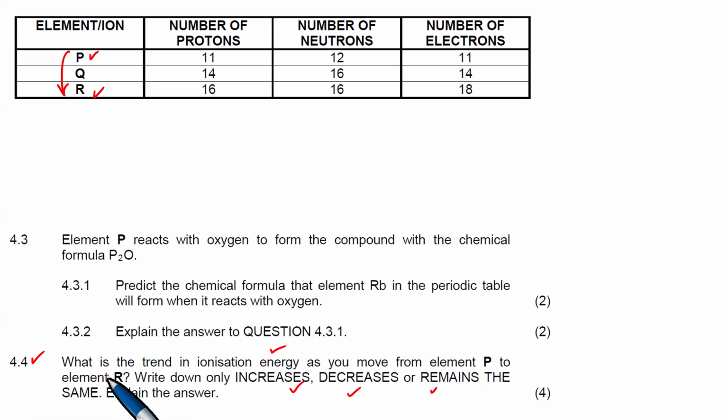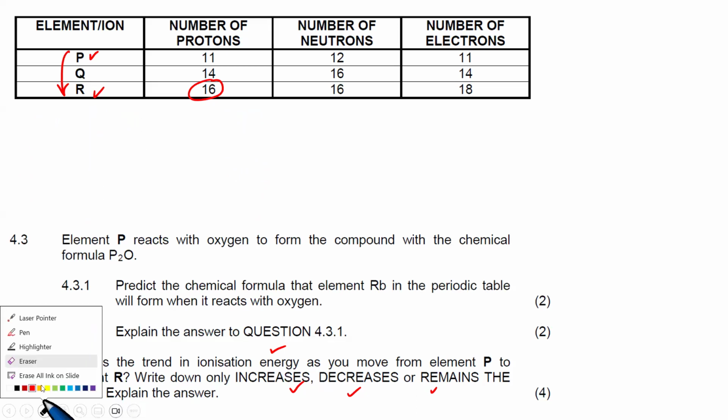So in 4.4, we can see that the ionization energy increases, and we're going to explain why that is the case. Because they said write down increases, we can write increases.